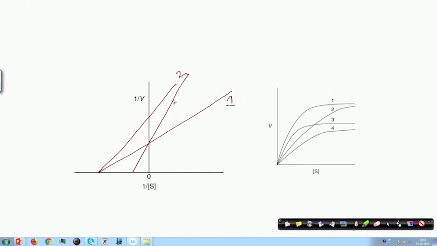So, this is 2, this is your 3, and number 4 is something where both are changing, something like this. That is your number 4. Okay. So, I think that concludes this problem session on enzyme kinetics. Okay. Thank you.